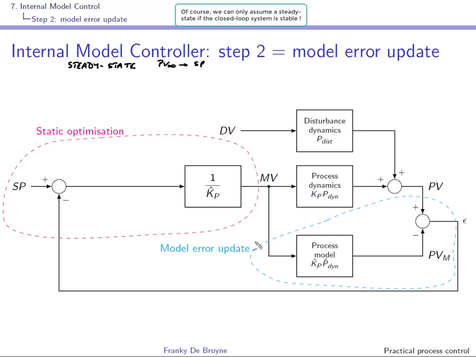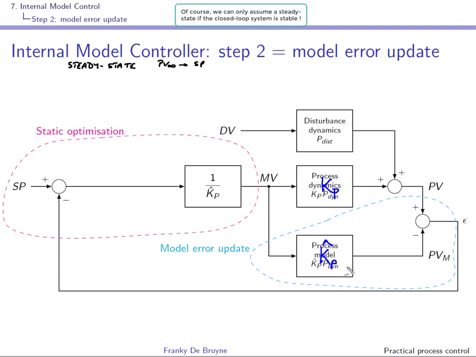So to see this, we'll look at this control loop here in steady state, right? And in steady state, this model here can be replaced by a static gain Kp, and in the model we can replace things by a static gain Kp hat, right?